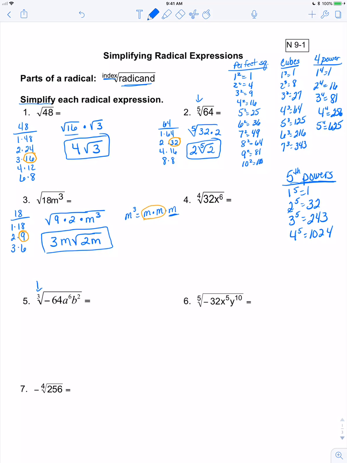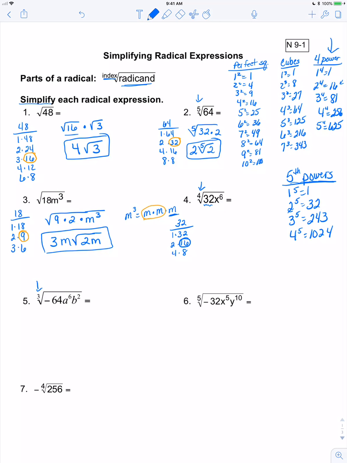Okay, so now we're talking about the 4th root. So remember, 4th root, so we're looking over here at our 4th powers, and we're looking for a perfect 4th power that is a factor of 32. So we've got 1 times 32, 2 times 16, and 4 times 8. Well, we see that 16 is in our 4th powers list.